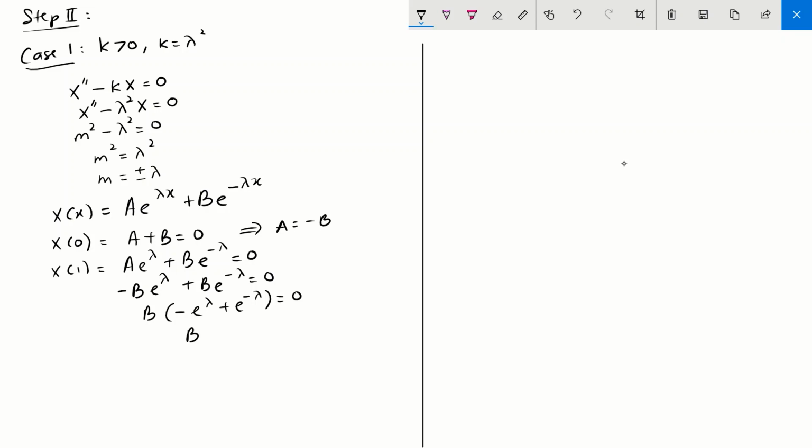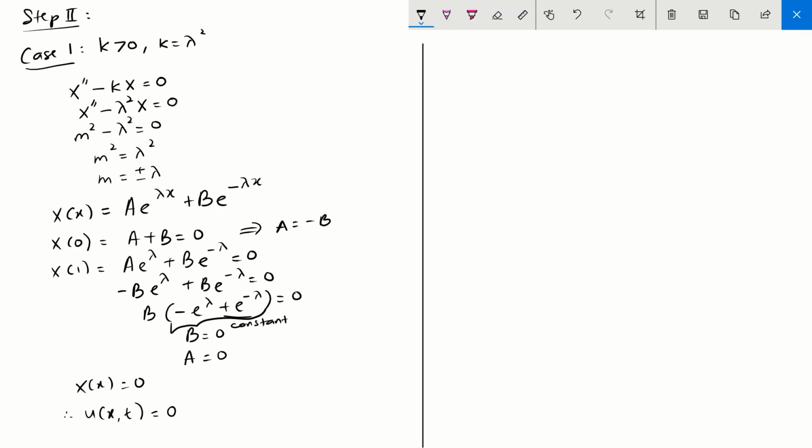Therefore b equals 0, because whatever is in the bracket is a constant, and 0 divided by any constant is 0. When b equals 0, therefore a equals 0. The solution of x equals 0, therefore the solution of u(x,t) also equals 0, because u(x,t) is the solution of x times the solution of t.